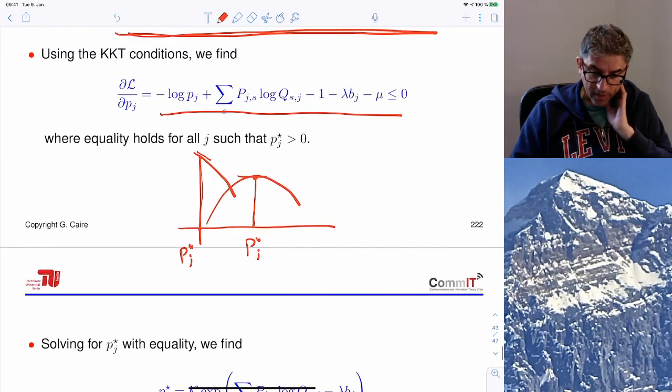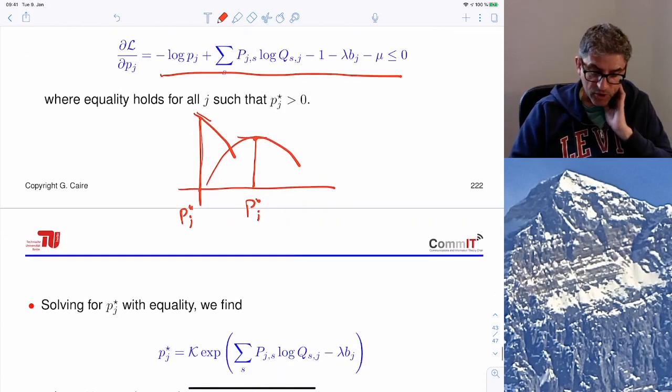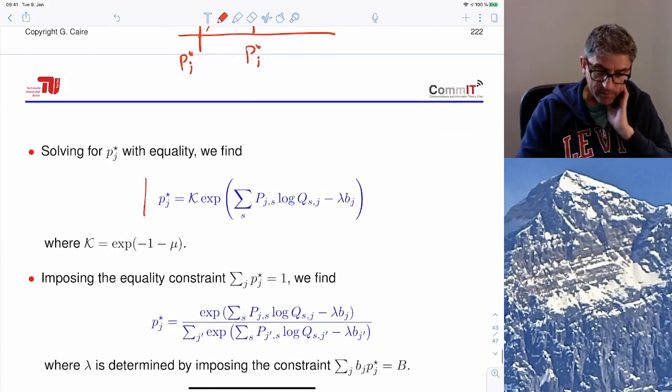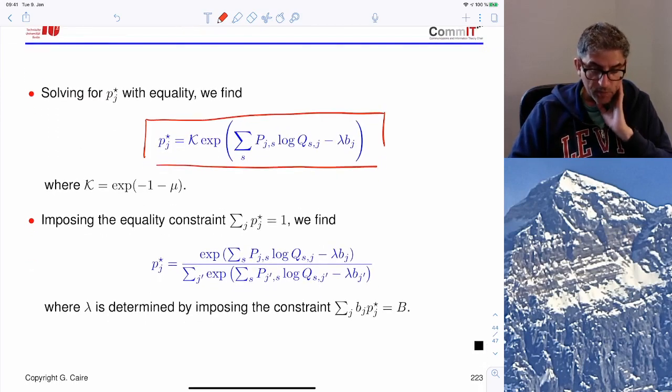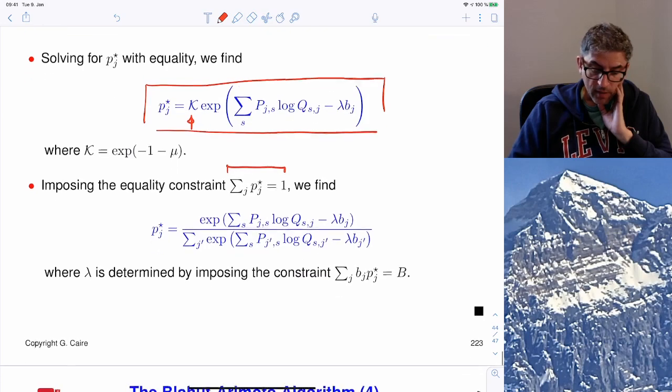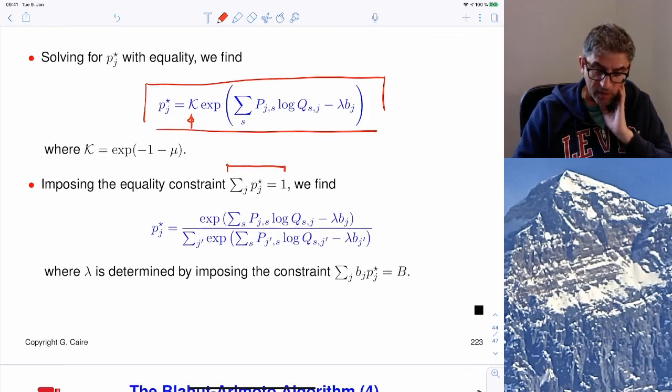So solving the partial derivative equal to 0 with respect to Pj, we find this solution. Okay? And at this point, all we have to do is impose the constant here, which is exponential of -1 minus mu. We want to impose that the constraint that the sum is 1 holds with equality, and this means simply that we divide by the sum over all j's.